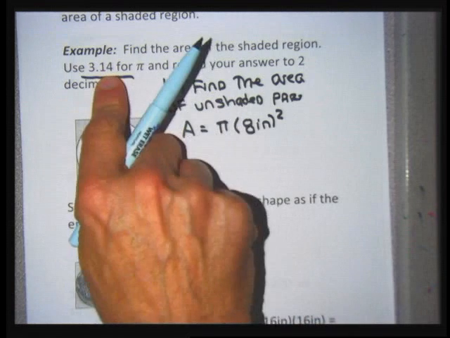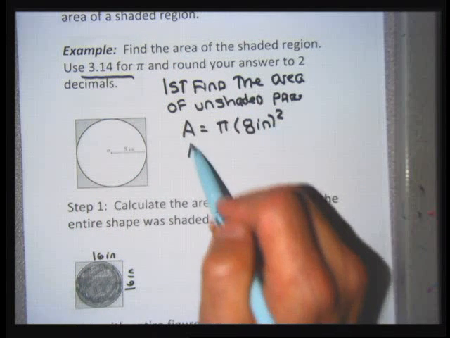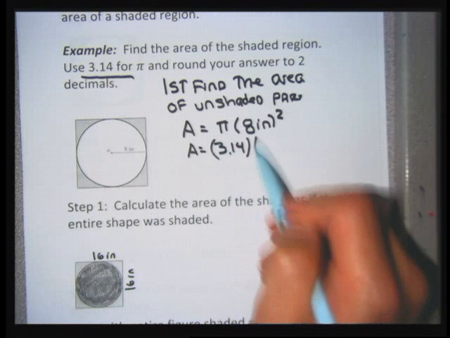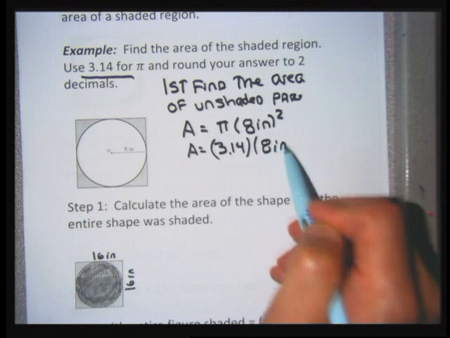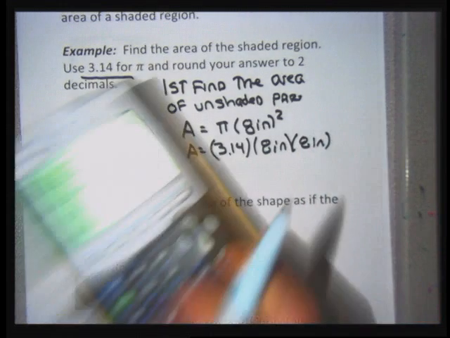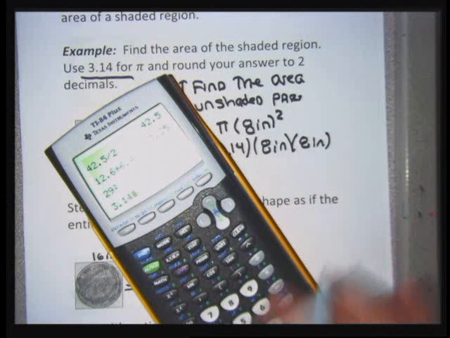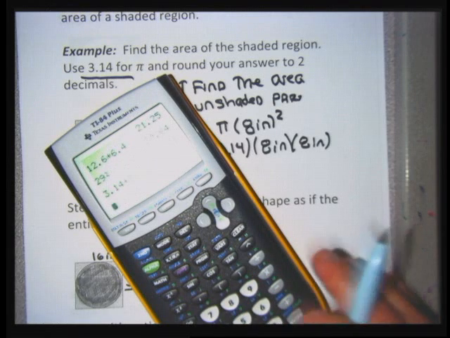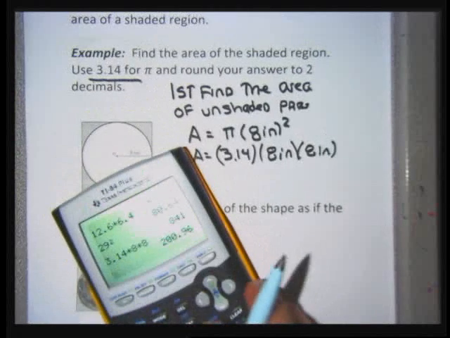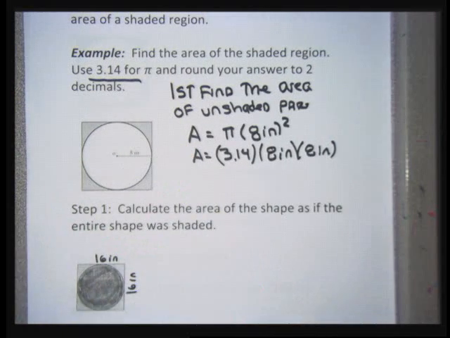I was told to use 3.14 for pi. So I'm going to get 3.14 times 8 inches times 8 inches, and using my calculator, 3.14 times 8 times 8 gives me 200.96 square inches for the unshaded area.